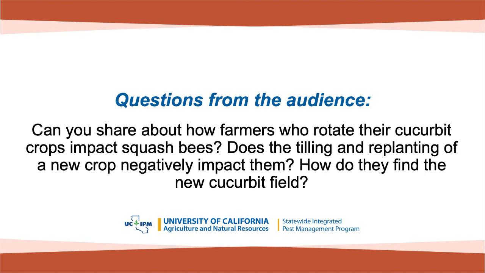We don't actually know yet how far they can migrate, but we do know that they're very, very successful at finding pumpkin and squash. So, for example, if somebody starts growing pumpkin and squash in their backyard for the first time, it's not unusual for them to have squash bees on their pumpkin and squash flowers.